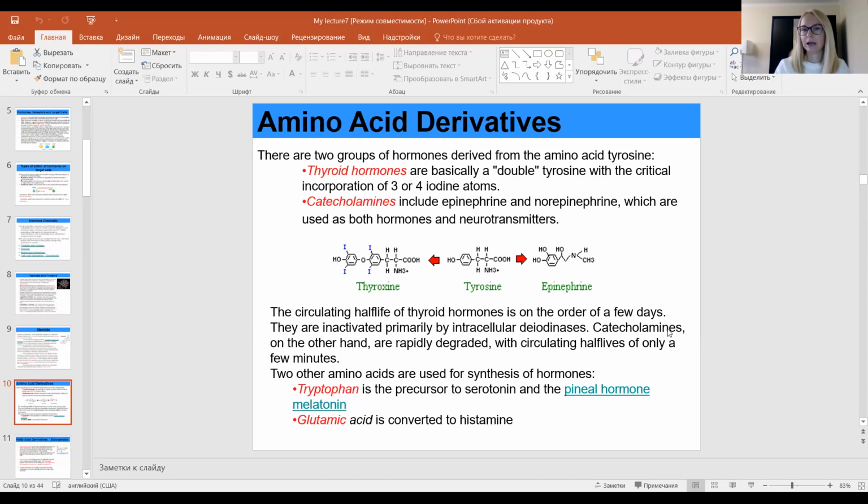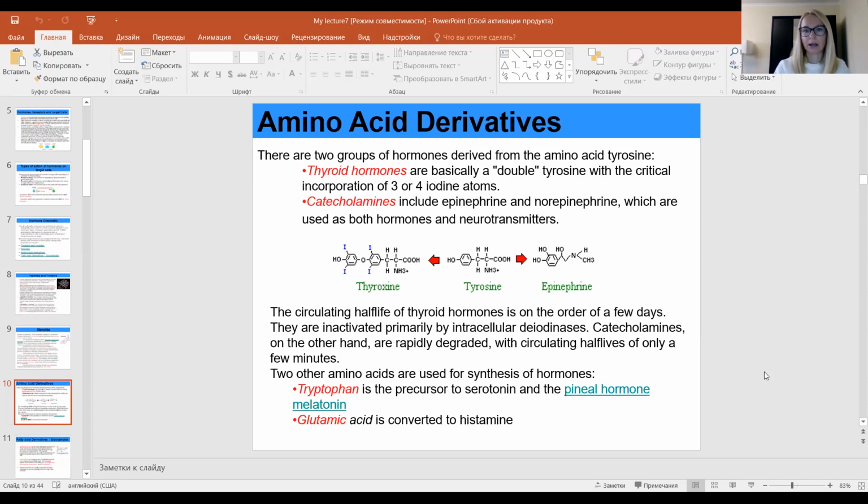The circulating half-life of thyroid hormones is on the order of a few days. They are inactivated primarily by intracellular deiodinases. Catecholamines, on the other hand, are rapidly degraded, with circulating half-lives of only a few minutes.